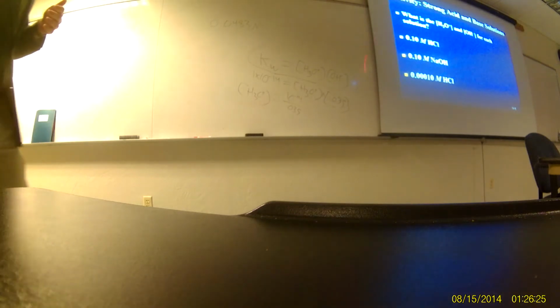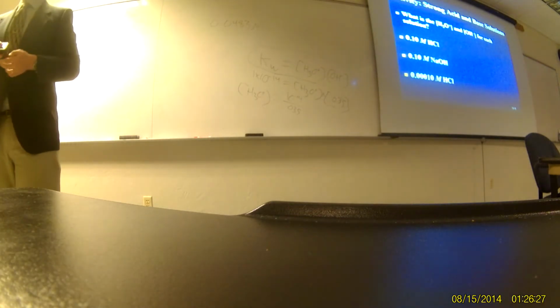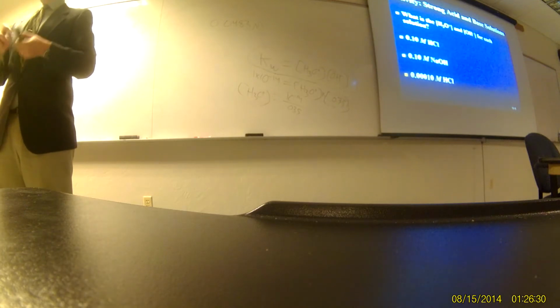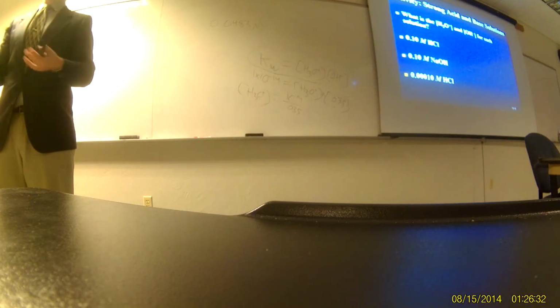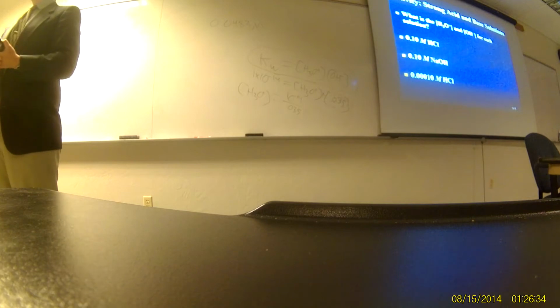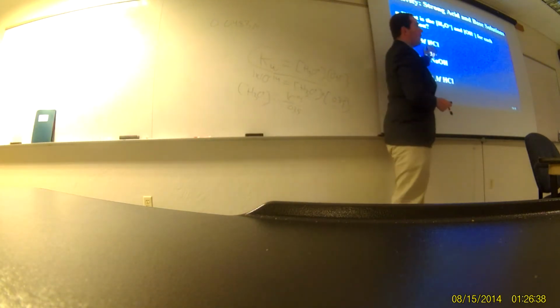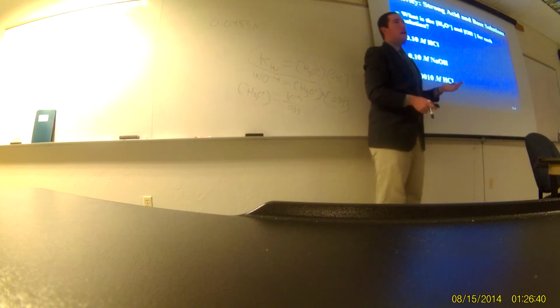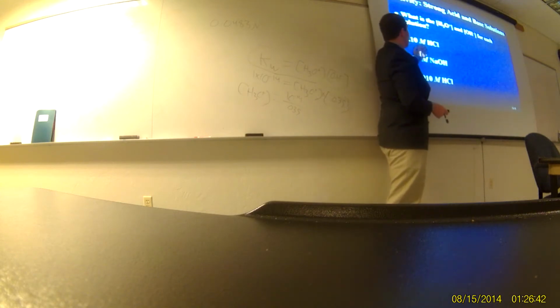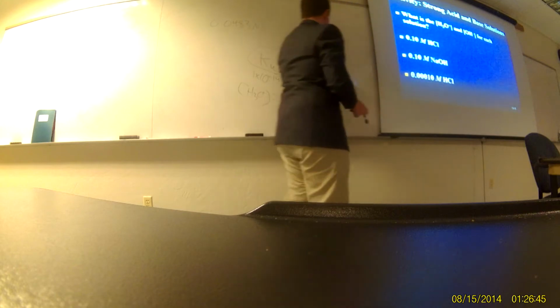So this is a more realistic situation because you don't make up a solution and immediately know what the pH is or what the OH minus concentration is. What you know is the concentration of your solution. But it's a very easy step to go from here to this.